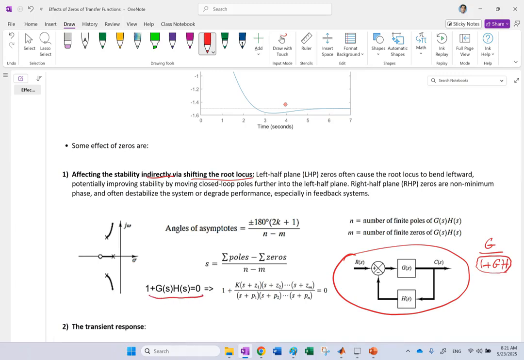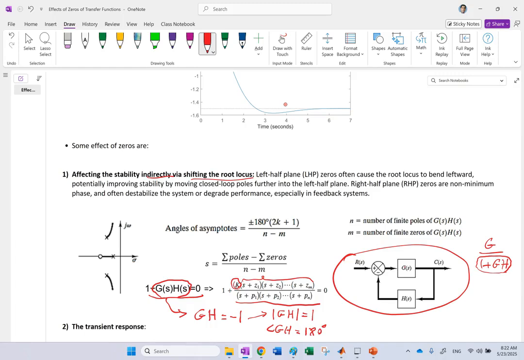Now, if either g or h has a tunable gain k, then the product gh, which we call the open loop transfer function, can be written like this. It has a bunch of zeros, 1 to m, and a bunch of poles, 1 to n. Then we draw the root locus for this open loop transfer function, because here we can see that g times h should be equal to -1, which means its magnitude should be 1, and its angle, if you treat it like a complex number, should be 180 degrees.